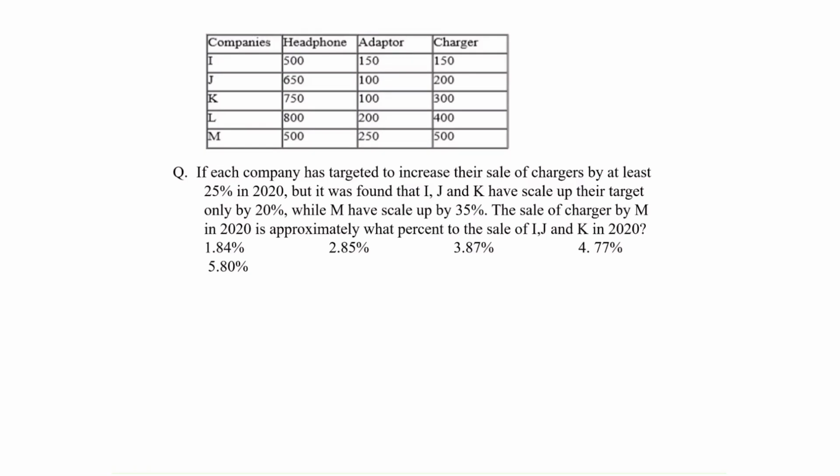If each company has targeted to increase the sale of chargers by at least 25% in 2020, but it was found that I, J, and K have scaled up their target by only 20%.